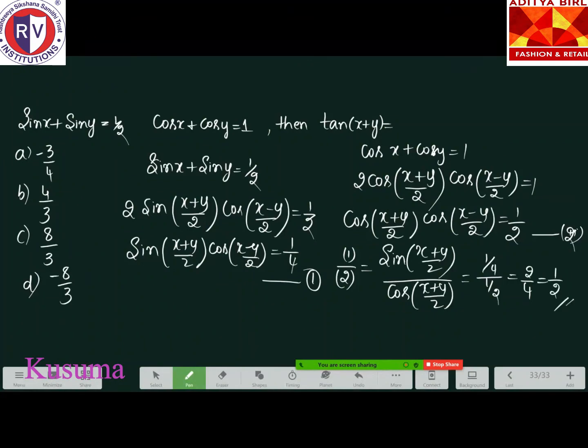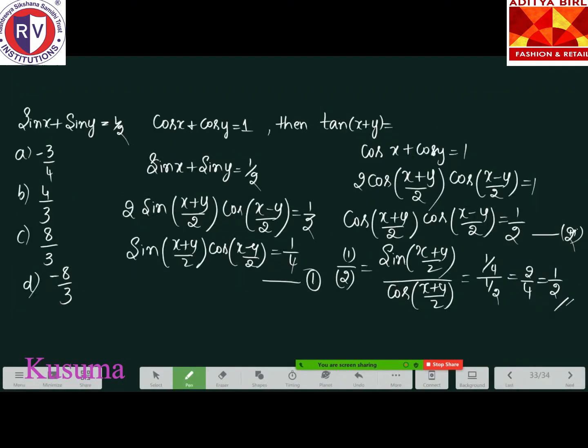That is nothing but tan of x plus y by 2, right? Sin by cos is tan. So we get tan of x plus y by 2 equal to 1 by 2.